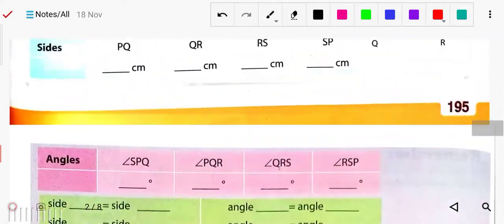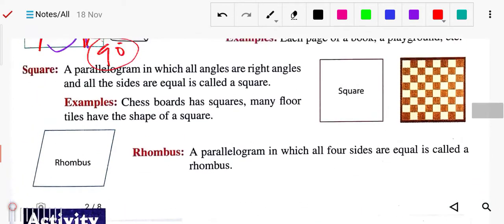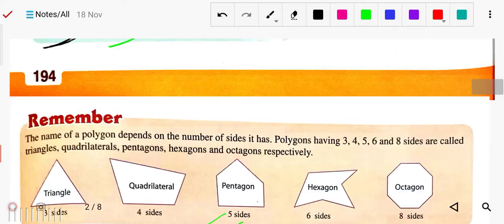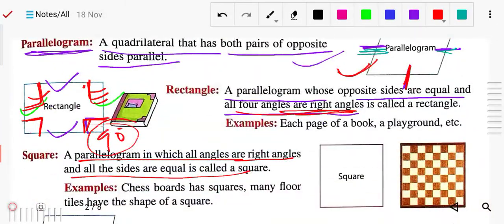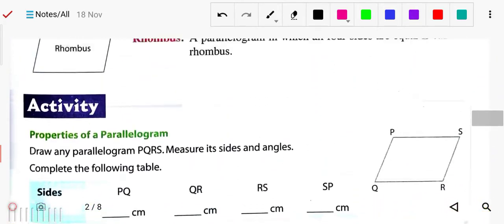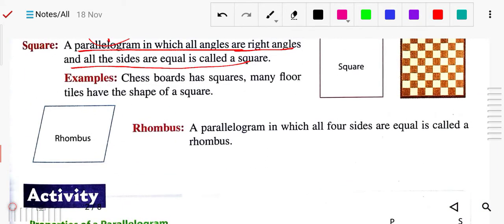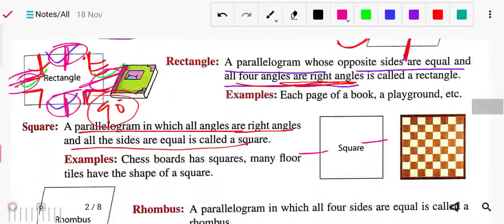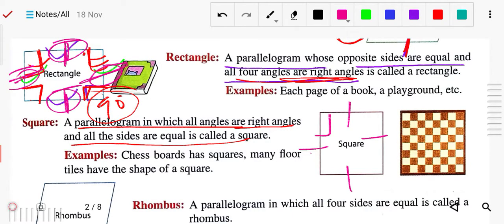Okay, same for the square, a parallelogram in which all angles are right angles and all sides are equal. In the case of a rectangle, only the opposite sides are equal: these two sides are equal and these two are equal, and the angles will be 90 degrees and they are parallel. In the case of a square all the sides will be equal, the angles will be 90 degrees and they are parallel also.